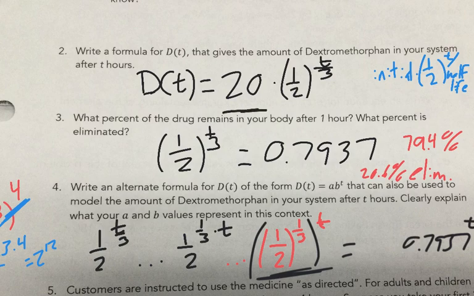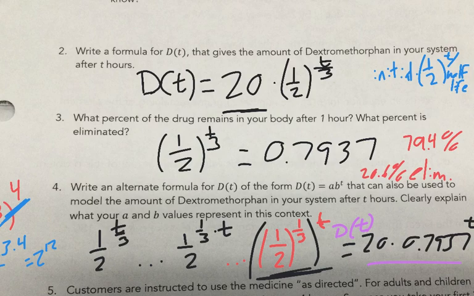And then remember, there was still that 20 that was out front. So the formula could be d of t equals, I'm kind of running out of space here, so forgive me for my messiness. Surely you are used to it by now. I've got d of t equals, this is my formula, 20 times 0.7937 raised to the t.